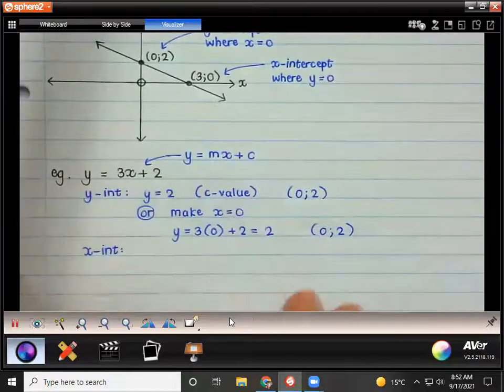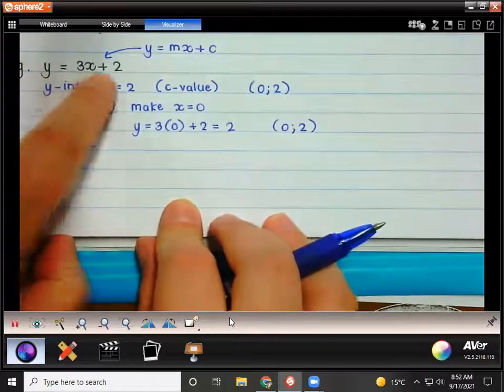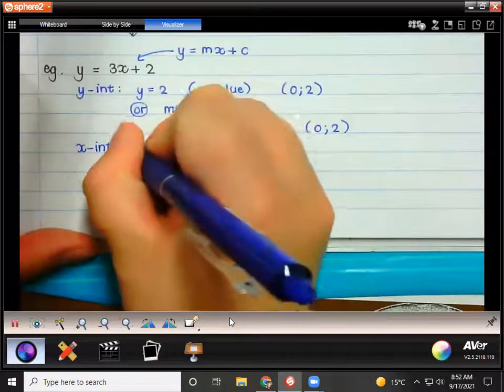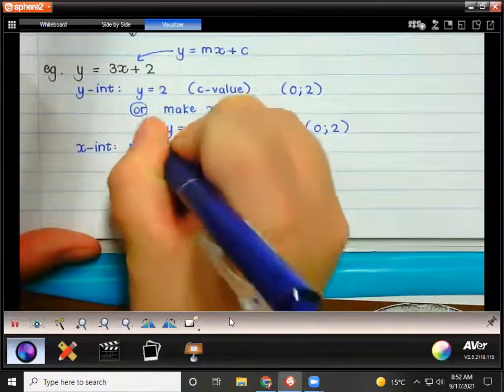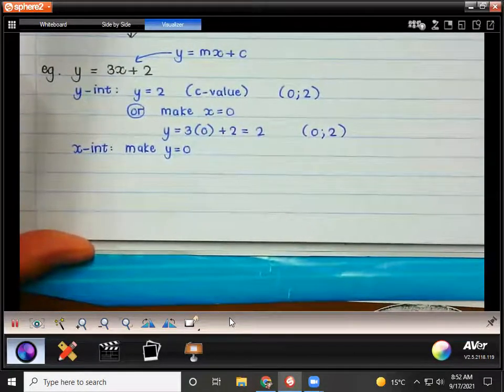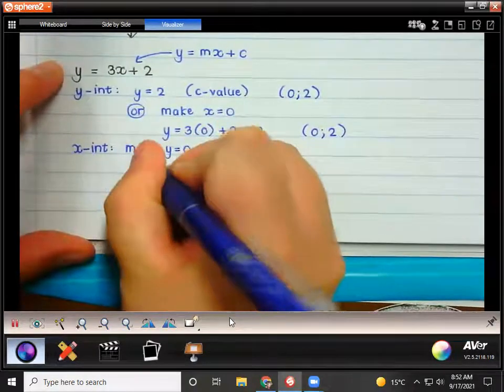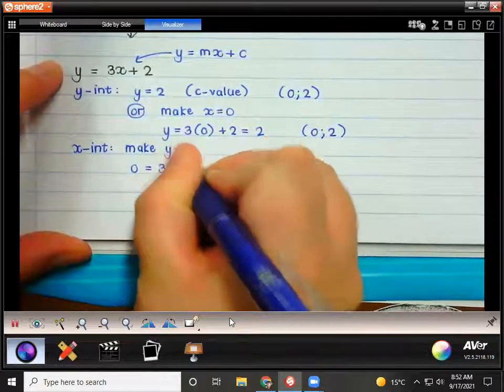And then we'll have to solve for x from there. So where we have y equals 3x plus 2, we're now going to make y equal to 0. So instead of y equals 3x plus 2, we're going to say 0 equals 3x plus 2.